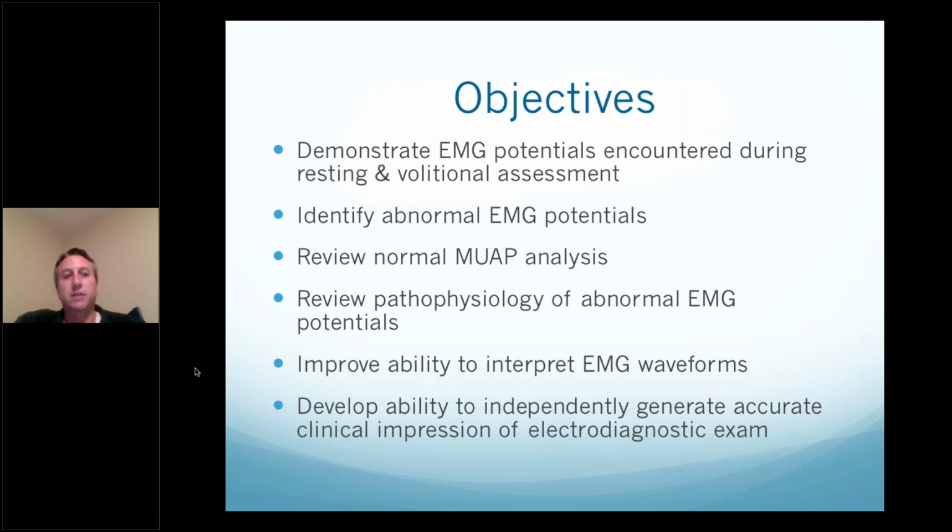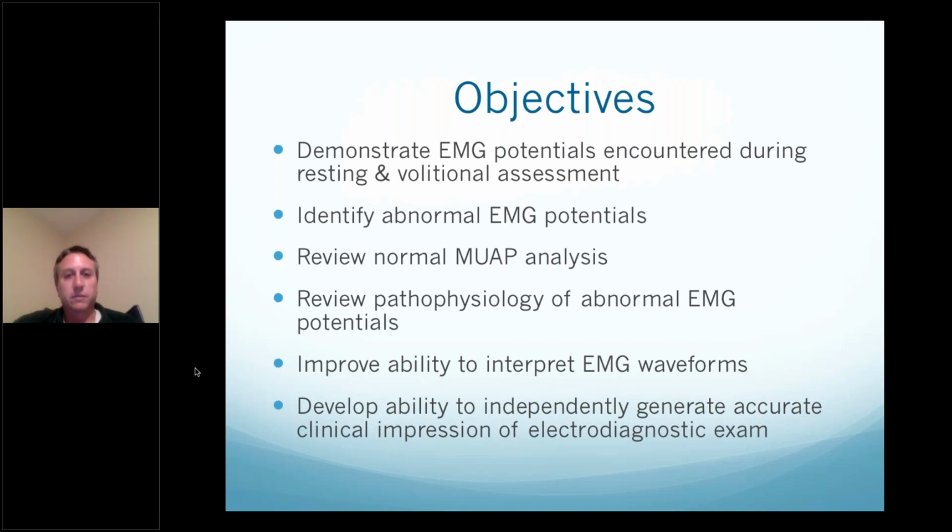So that's why I collected a bunch of waveforms on actual patients. I'm going to go over some of the distinguishing factors of the abnormal potentials and how you can recognize them and differentiate between normal and abnormal potentials. Those are the objectives you can see there.